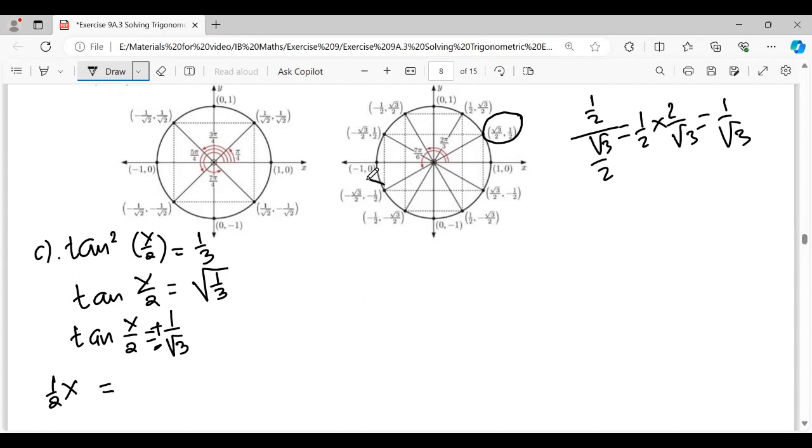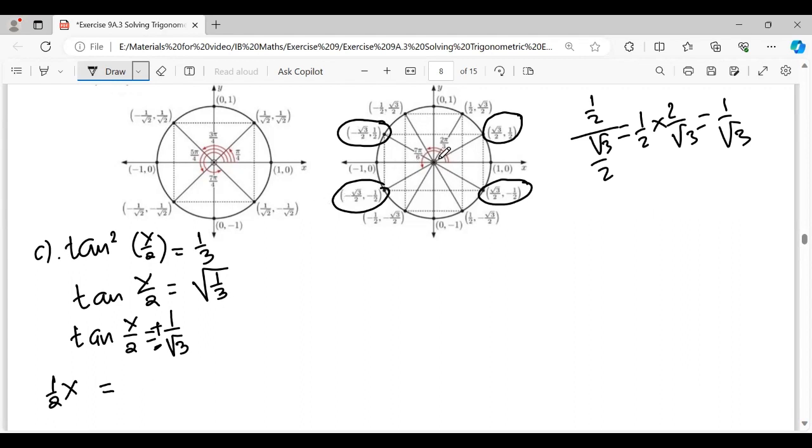This one as well, and this one as well, because negative and positive. So 4 values.